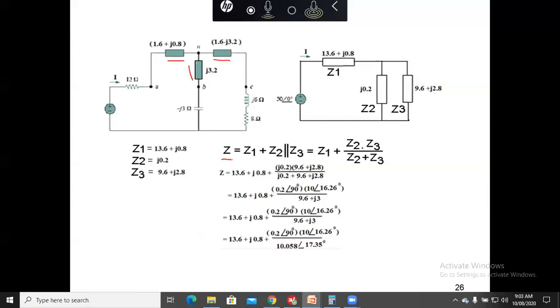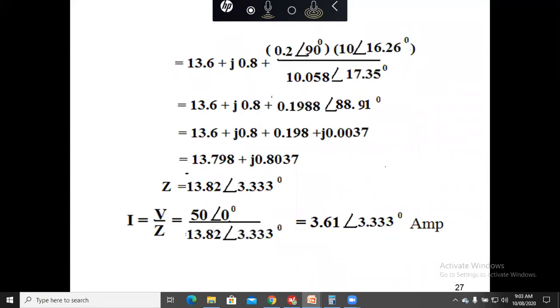So the next problem is familiar to you. You have this conversion and you can solve it, and the equivalent impedance comes to this value, 13.82 at an angle of 3.333 degrees. That value is plus and that value is minus.